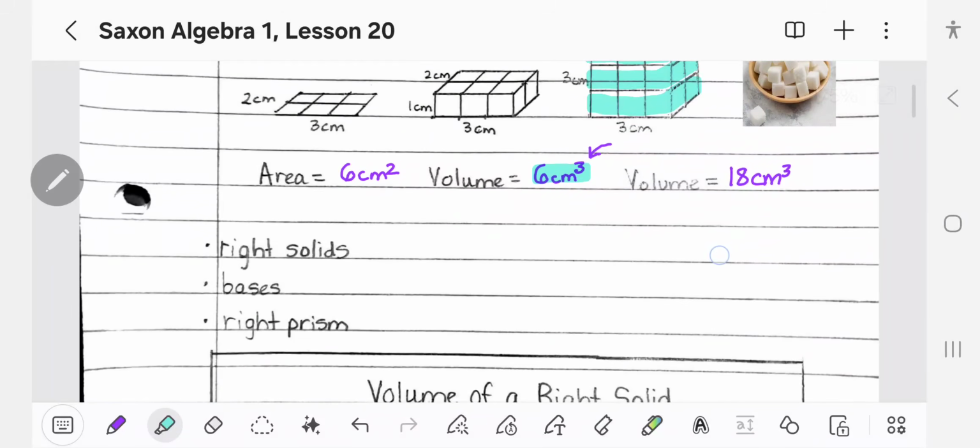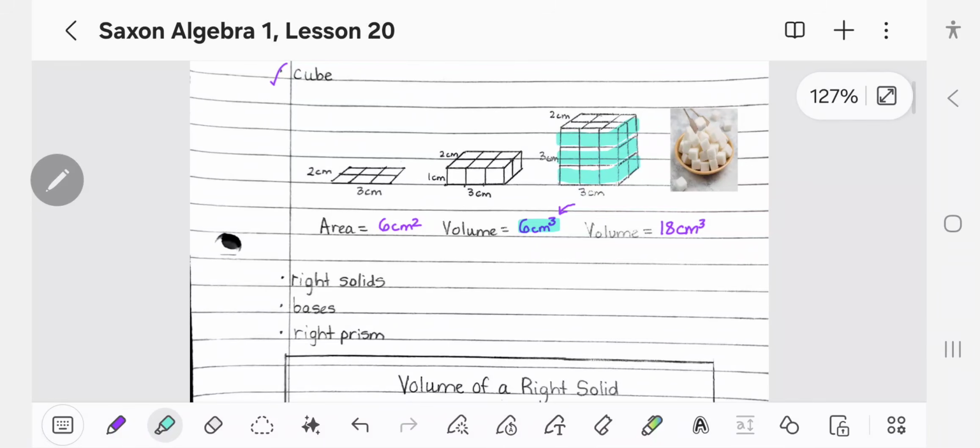So they go into a couple other terms as well, and then they give you a formula. They talk about right solids. They're reminding you that when these geometric solids meet at right angles, like right here, you're talking about a right solid. Basically it's not leaning. They have 90-degree corners.